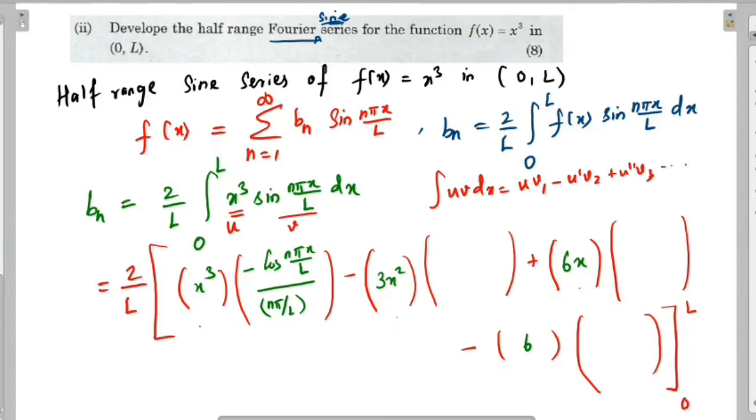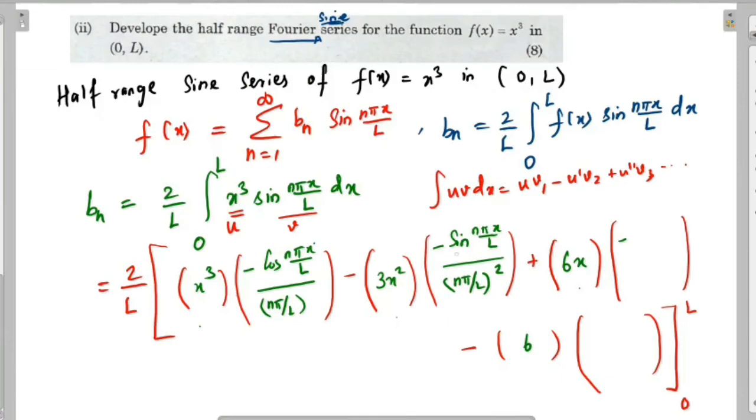Here, by using this term, if you integrate, you may get −sin(nπx/L) divided by (nπ/L) whole square. Again, you have to integrate. If you integrate, you may get minus of minus, because one minus is there.